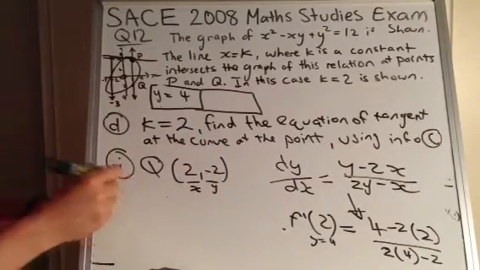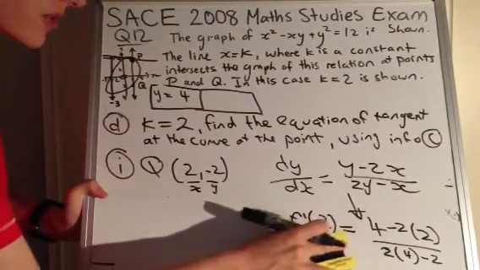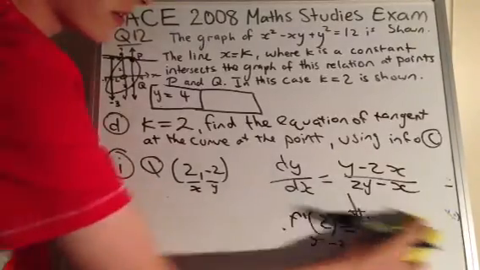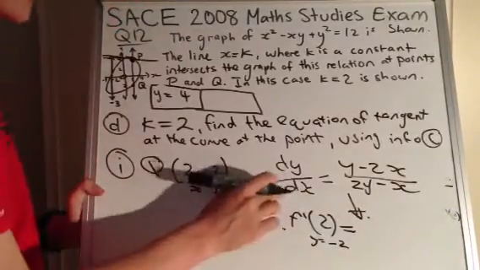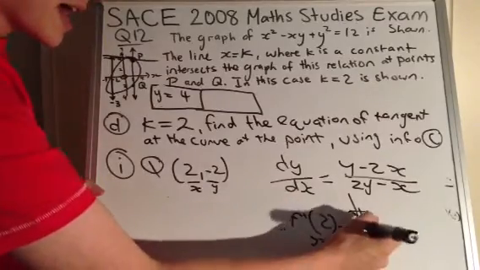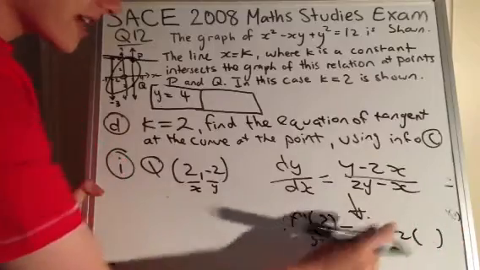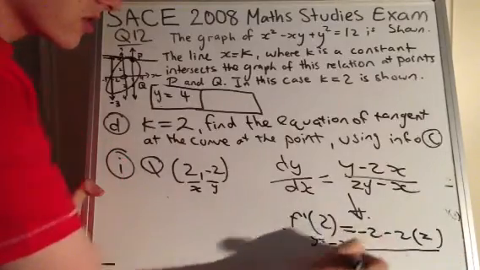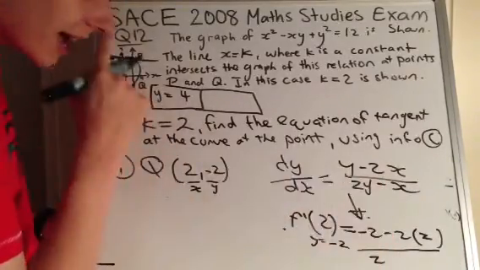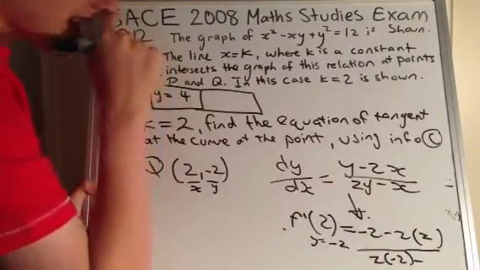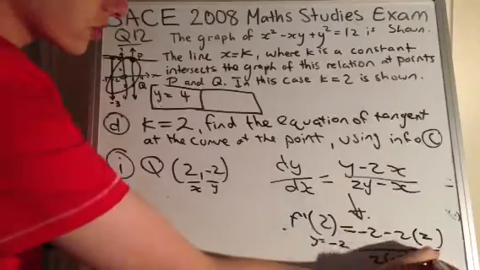Okay, and therefore from this, what we do is we repeat the same process, but y is equal to negative 2 now. So we just substitute it to find our slope of the tangent, and we get negative 2 take 2 lots of x, and x is still equal to 2, over 2 lots of y, and y is equal to negative 2, take x, and x, of course, is equal to 2.